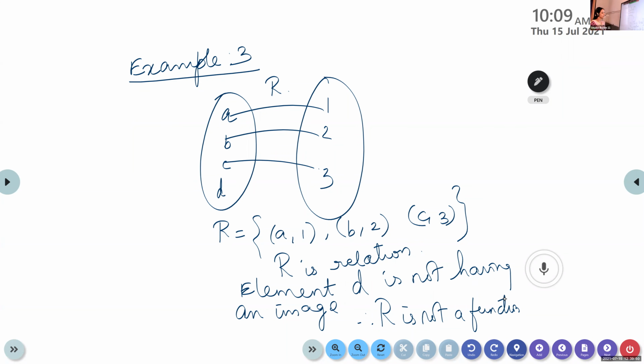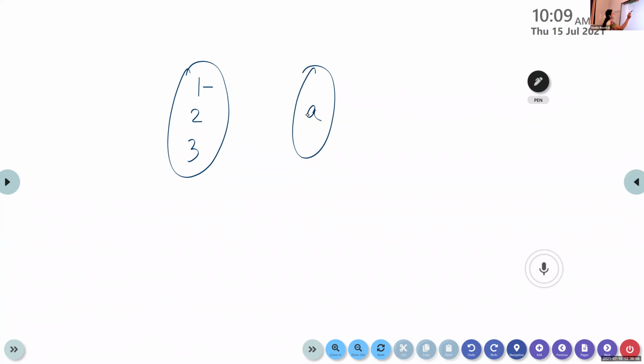Now let's look into another example. Is this a function? Example 4. Yes, tell me, Akshay. Is it a function? No, ma'am.